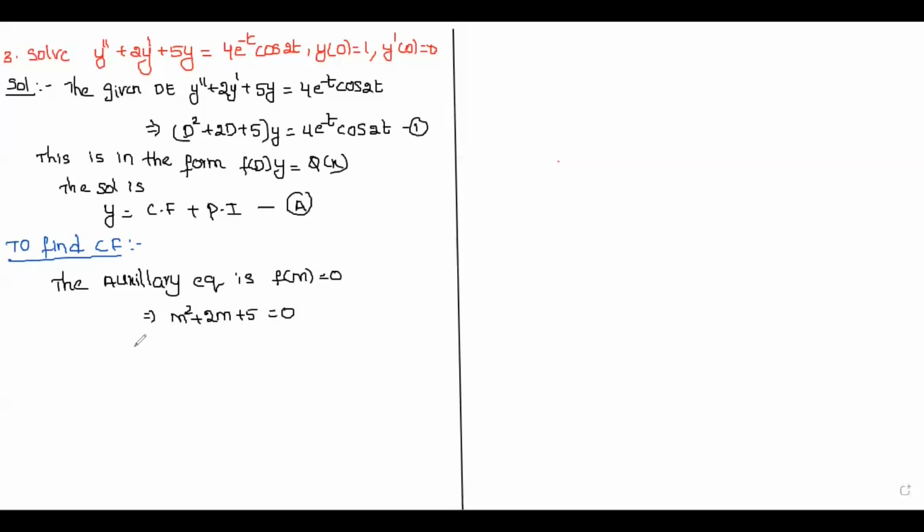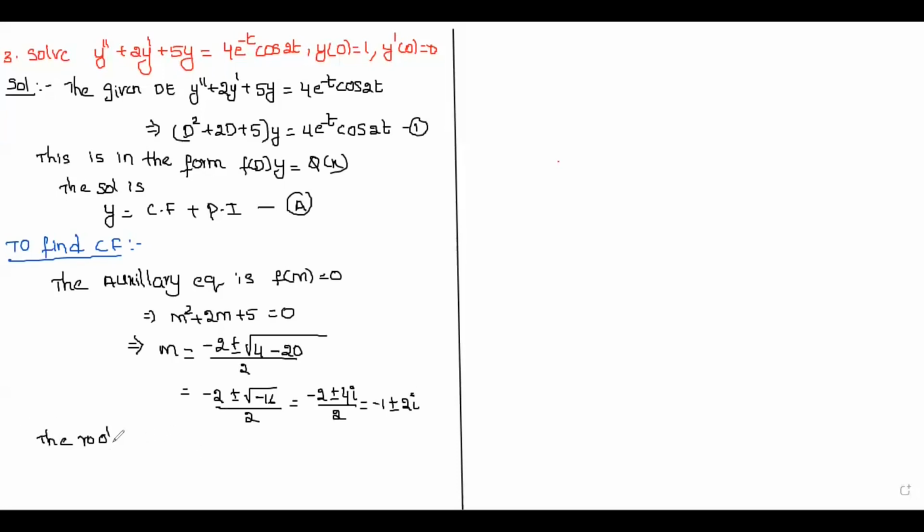For this equation it is not possible to factorize, so you will apply the formula minus b plus or minus root of b square minus 4ac by 2a. So this is equal to minus 2 plus or minus root of minus 16 by 2, which is minus 2 plus or minus 4i by 2, which is minus 1 plus or minus 2i. Therefore the roots are imaginary.